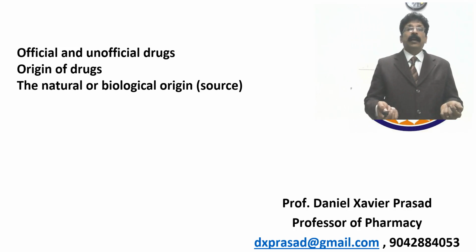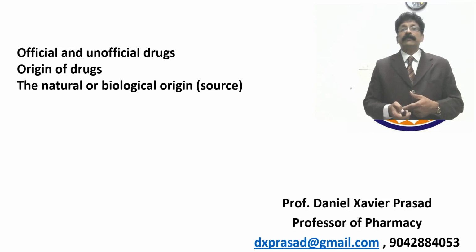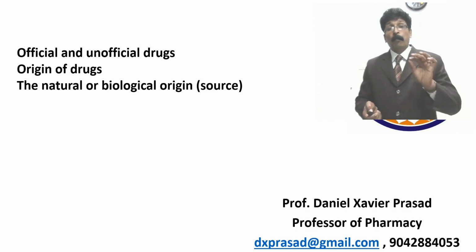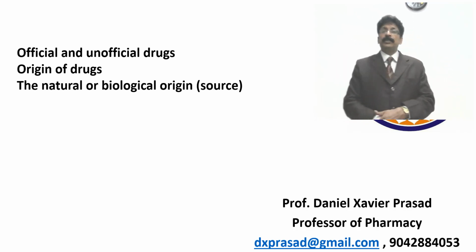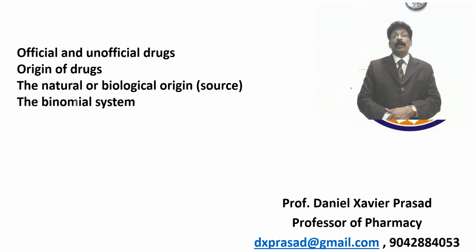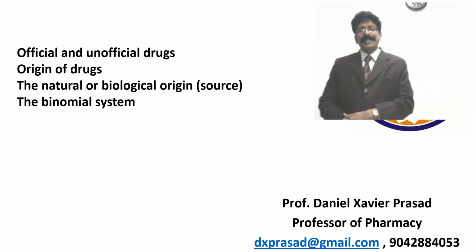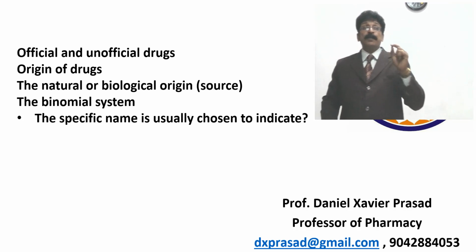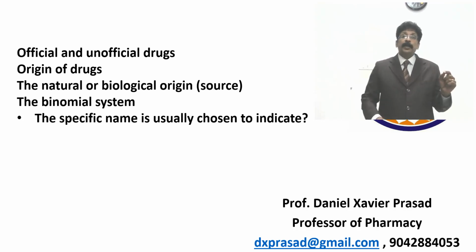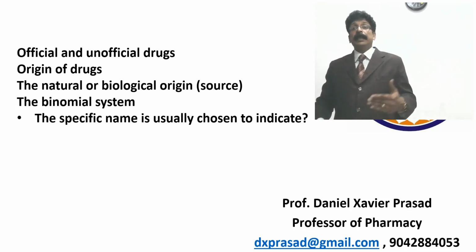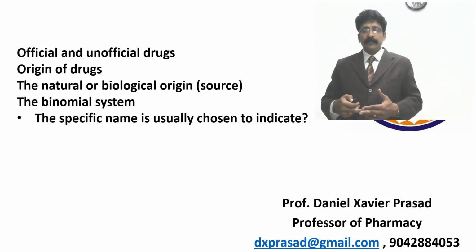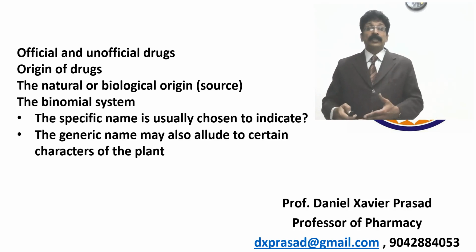What is the origin of drugs, and the natural or biological origin sources, what is it, and what is the binomial system, in which you should know that the specific name is usually chosen in the names of the plants, and it indicates some character. That's also we are going to discuss. That's why I put a question mark.